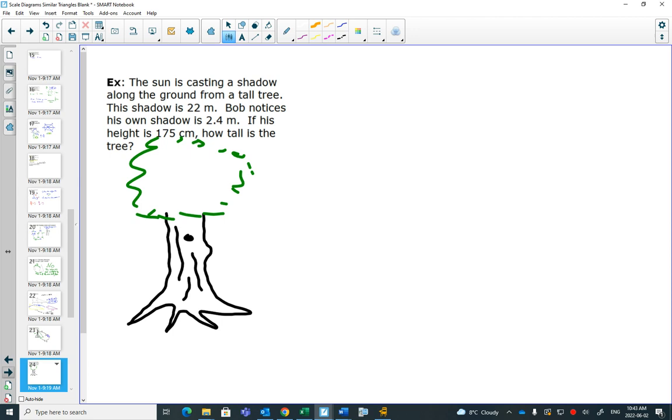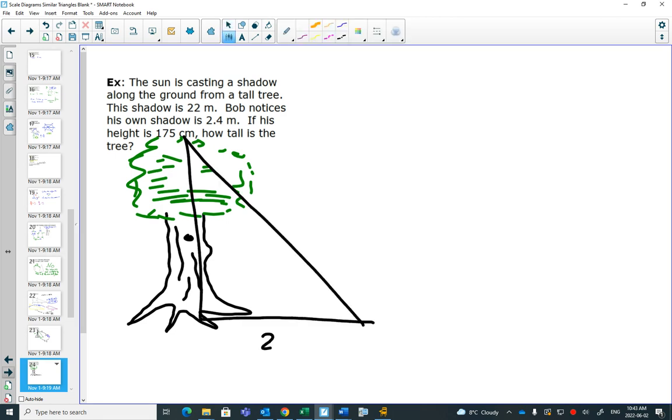Oh wow. That's better than Weber's. Weber's were bad. There we go. There's our tree casting the shadow that is 22 meters. So we draw our triangle. Why would we take one color like a purple and you would draw a stick? 22 meters.